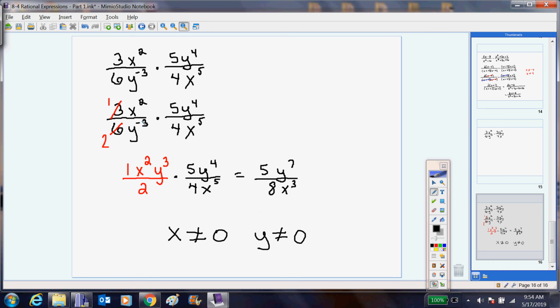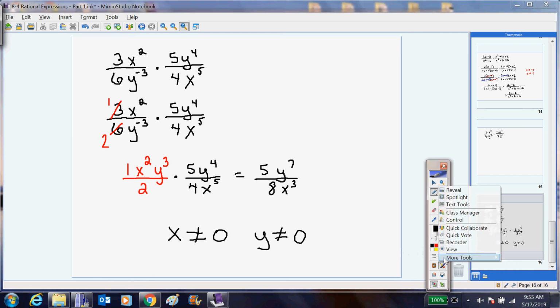Even though we brought the y up to the numerator to get rid of the -3, keep in mind that in the denominator of the denominator, this one is really technically 1 over y to the 3rd, so you still have a divide by 0 in there somewhere, so you still can't have y being 0. So just watch out for that. If it's in a denominator anywhere, you have a problem. So we have that. And that concludes today's lesson.